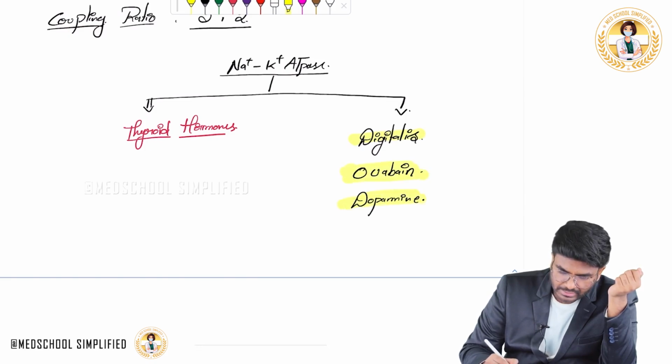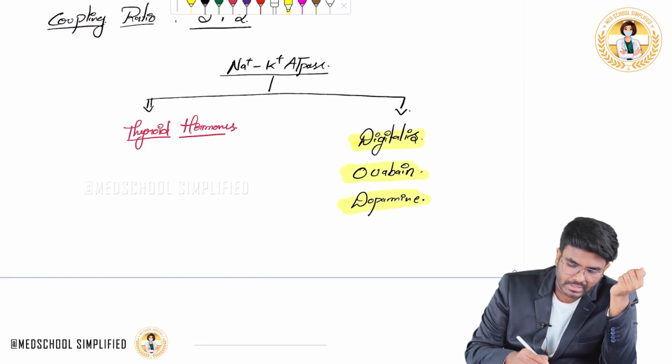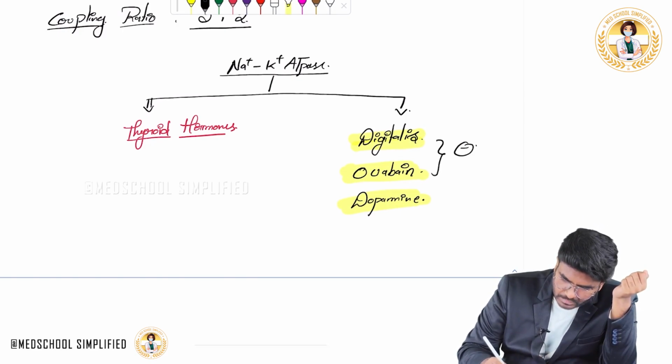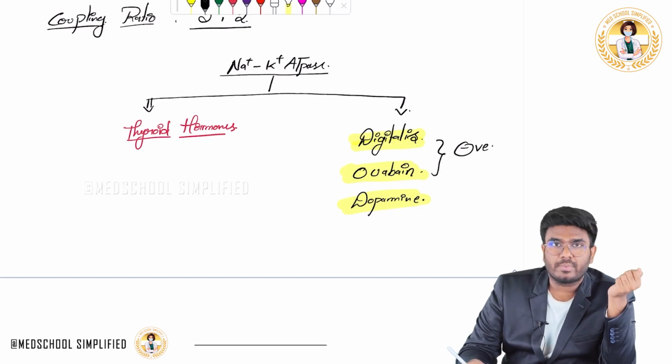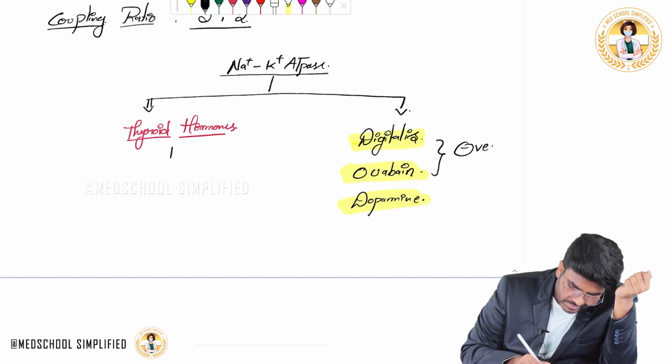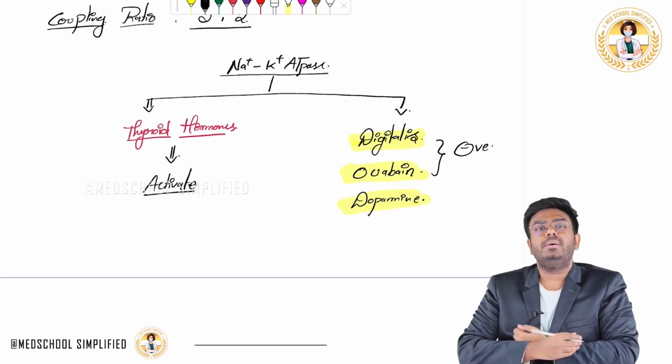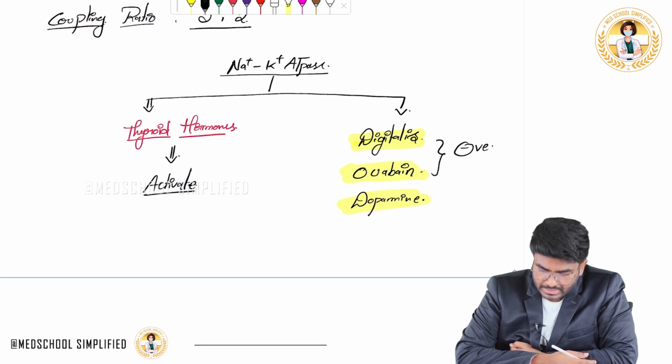Sorry, they will inhibit, not activate, the activity of the sodium potassium ATPase. But the thyroid hormones will activate the activity of the sodium potassium ATPases.